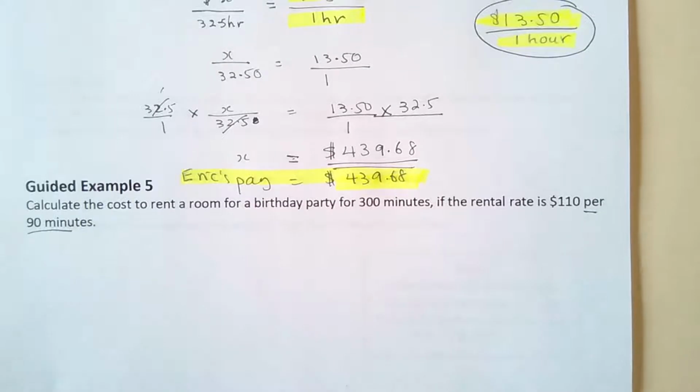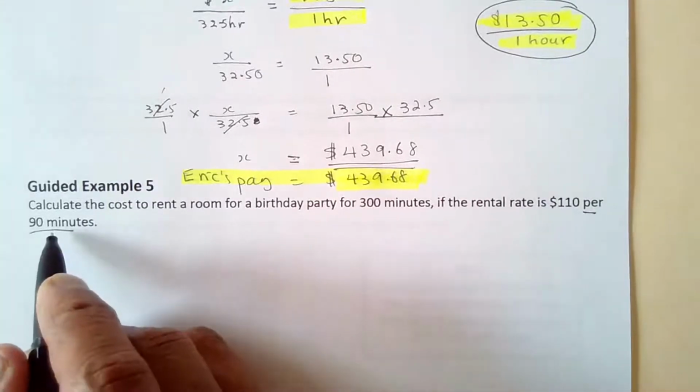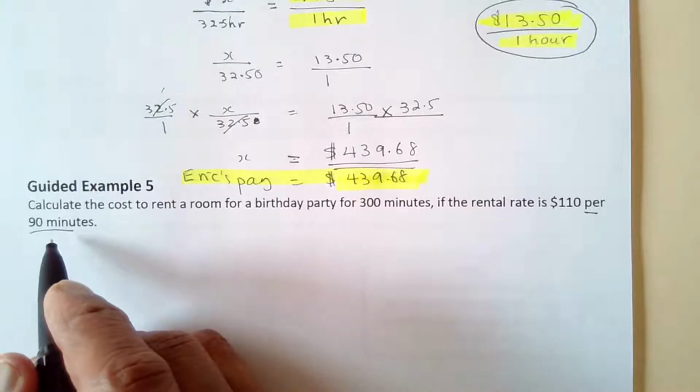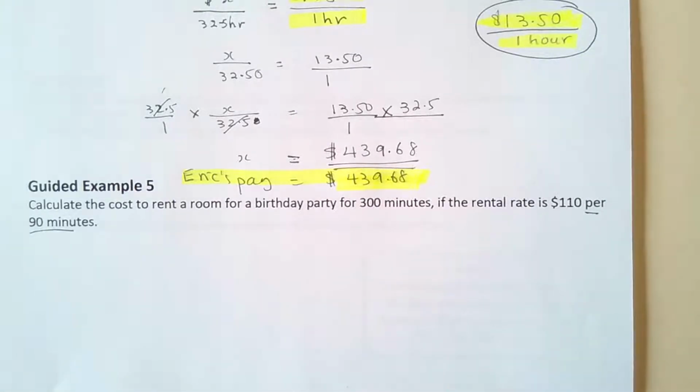The proportion method we'll use here because it's much quicker. Now, this rate doesn't have 1 in it, so it's easier to use the proportion method.